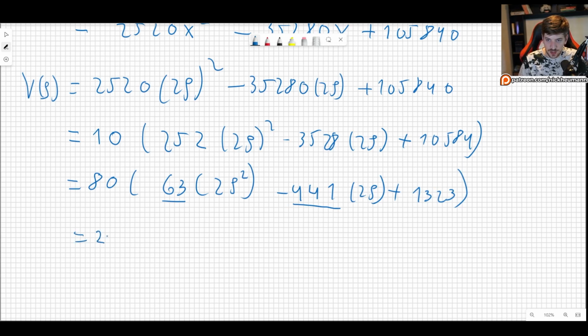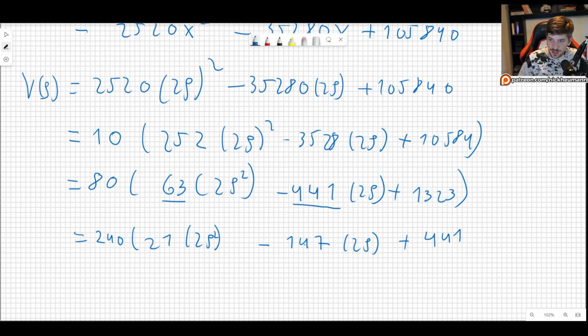So this would be 240, and instead of 63, we have 21 times 2 rho squared, minus, now 441 divided by 3 is 147 times 2 rho, and then plus, and this 1,323 divided by 3, that is 441.